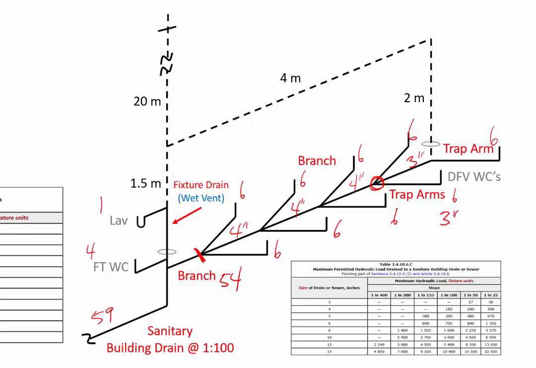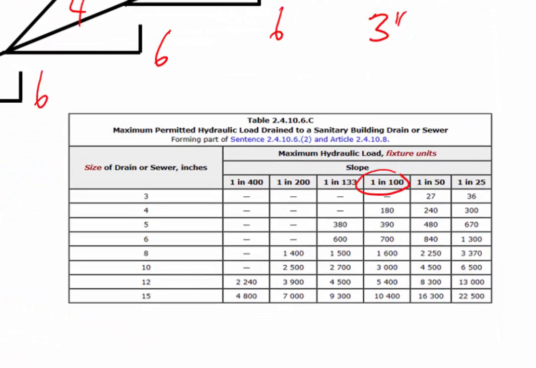And looking at the wet vent table, serving water closets, minimum 2-inch for this wet section, 3-inch immediately below the water closet, and the trap arm for the water closet is 3-inch as well. And then the building drain is specified at 1 in 100. So for 1 in 100, looking vertically down, we're trying to accommodate 59 fixture units or greater.